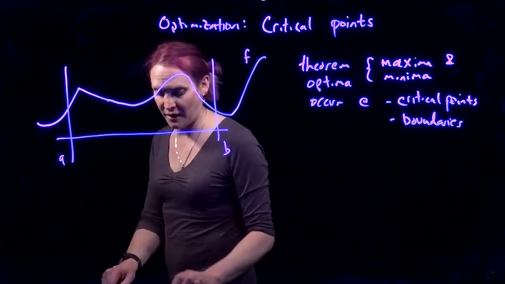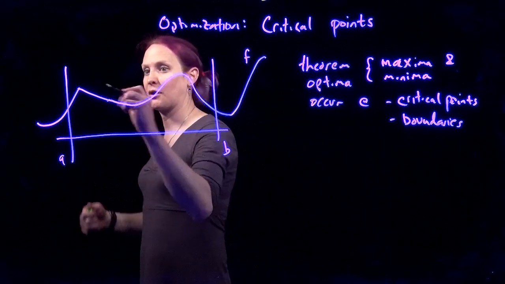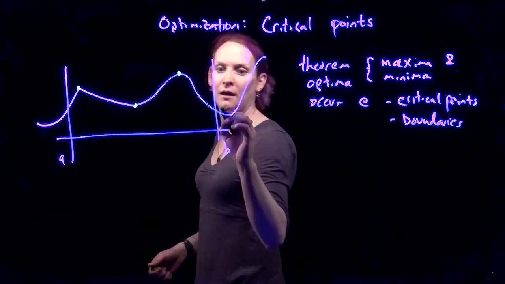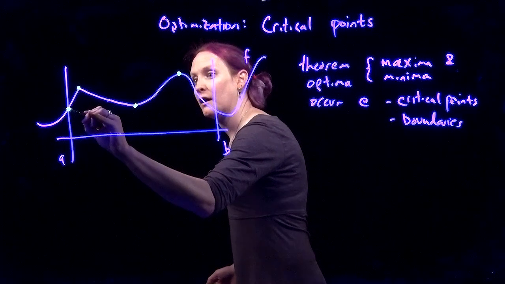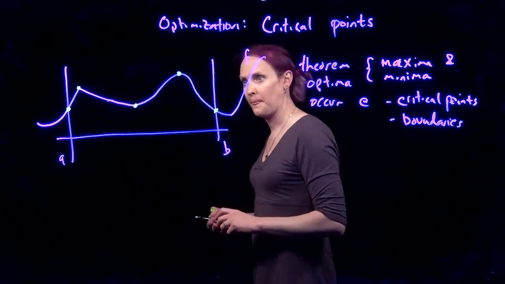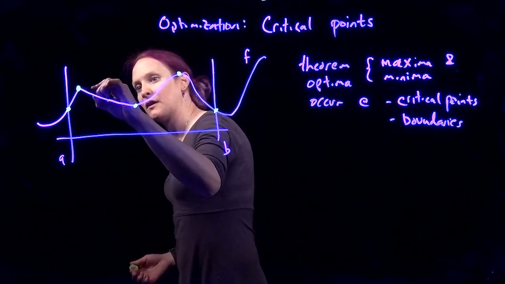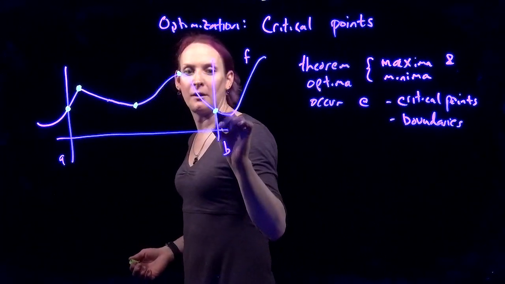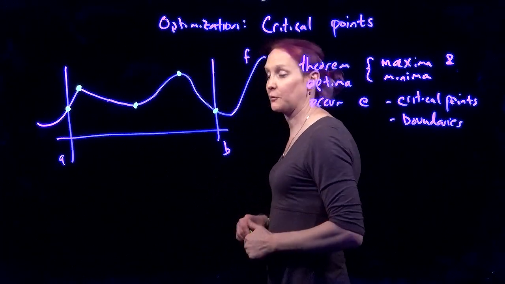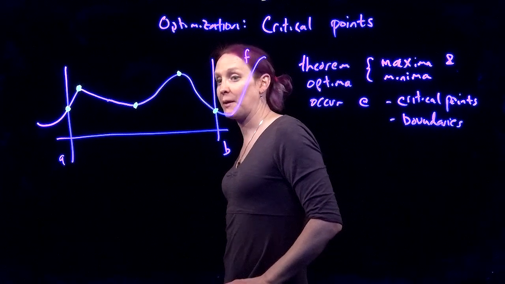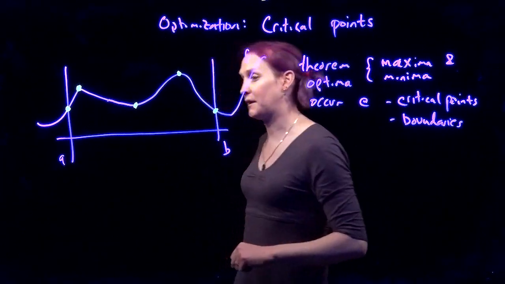I'll put a dot at the places where there are optima. There are optima here, here, here, and then here, and then here. So I find these 5 places where I have a local min or a local max, relative min or relative max of my function. That is to say, a point that's lower than every other point nearby it.